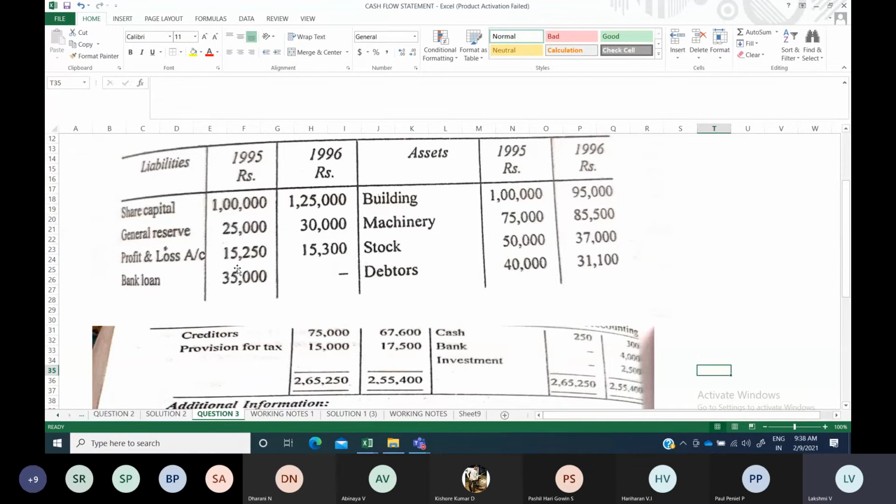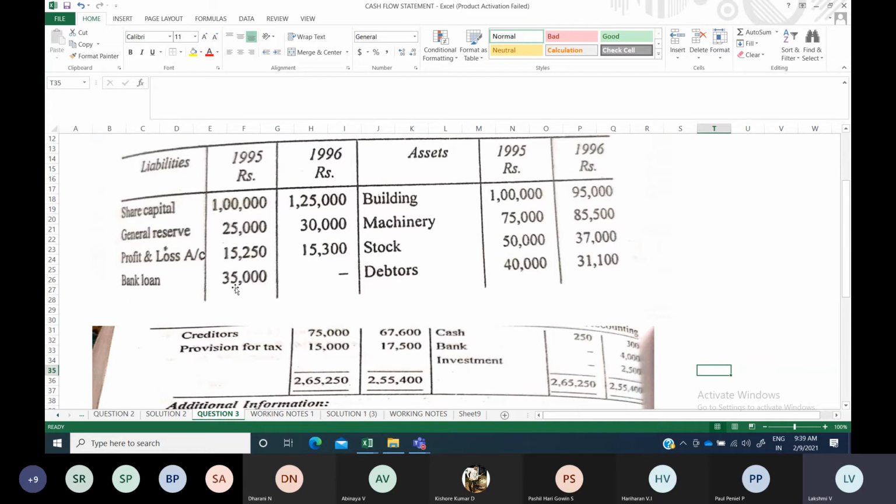Here 35,000 was there, but now it is not there, which means they have repaid fully. Sometimes they may pay partly, sometimes fully, sometimes they may have borrowed additionally. Everything you have to find out by comparing the amounts.